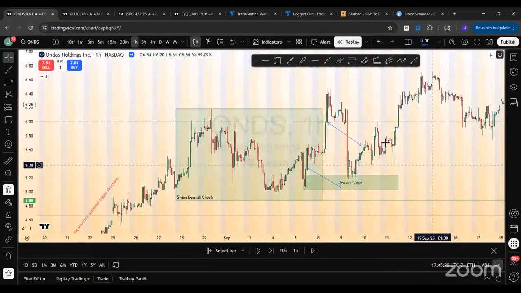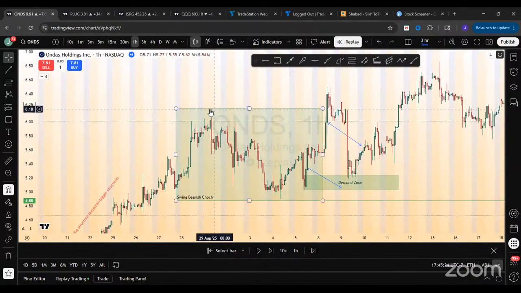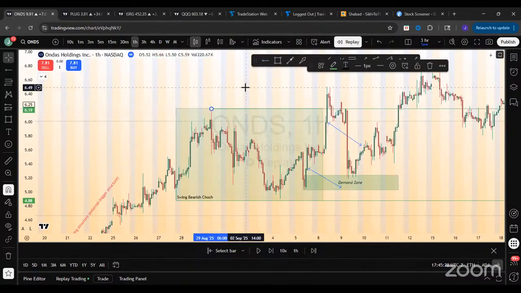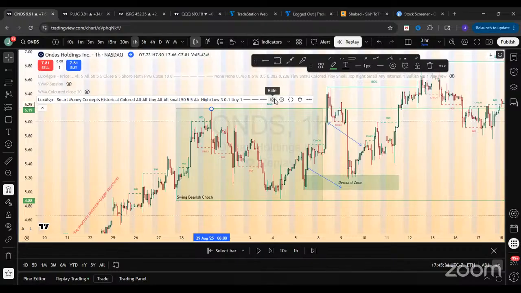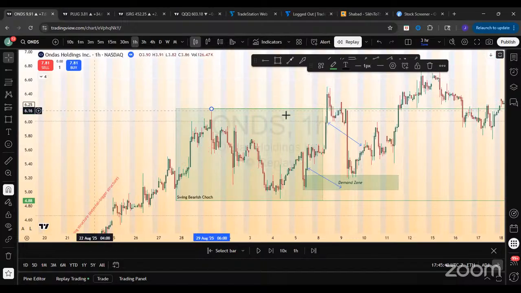And where did we get the swing bullish structure? Look, it broke this resistance right about here. This is where we saw that coming. But you don't really necessarily need it if you can just tell by looking at the chart. But since it's free, why not use it?